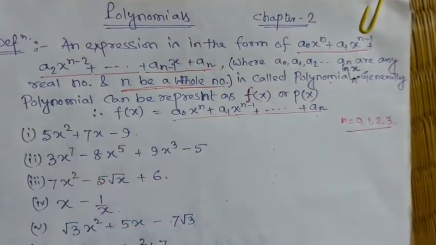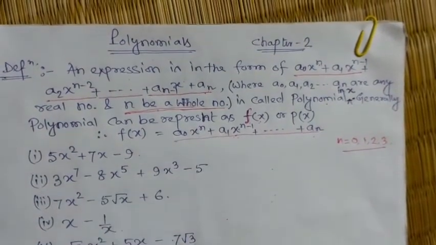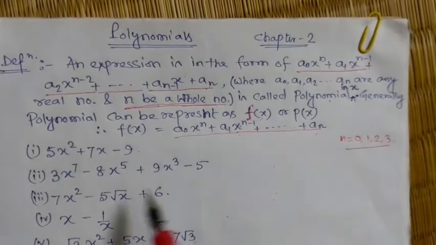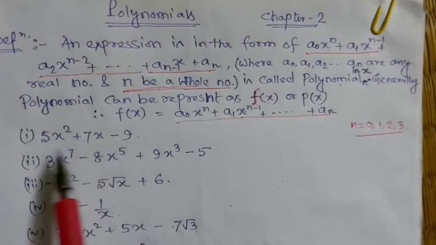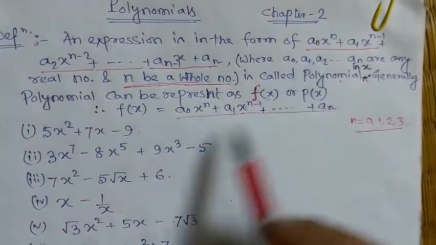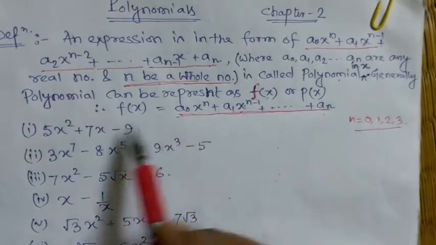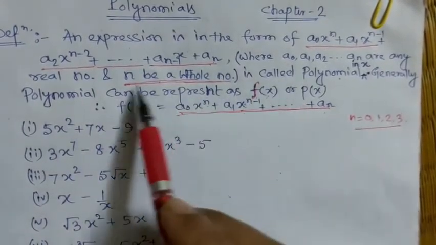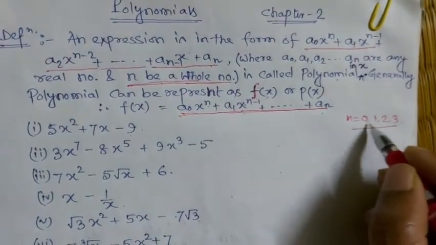Now I will give some expressions, in which some of them are polynomials and some are not. First one is 5x square plus 7x minus 9. If you consider this one, this is a polynomial, since n is a whole number, so you can take the value of n as 0, 1, 2, 3.